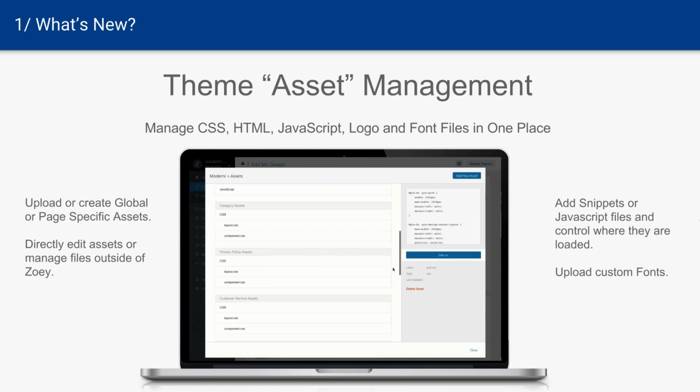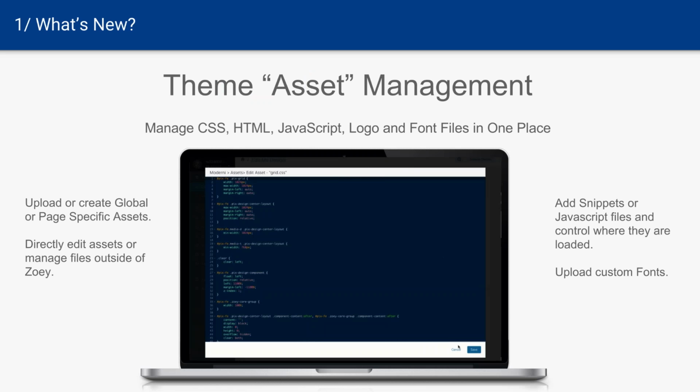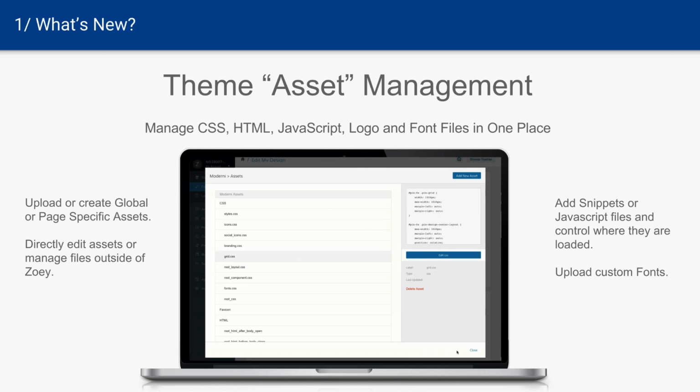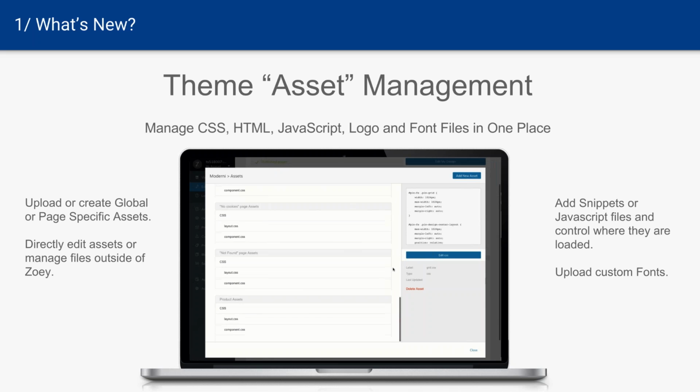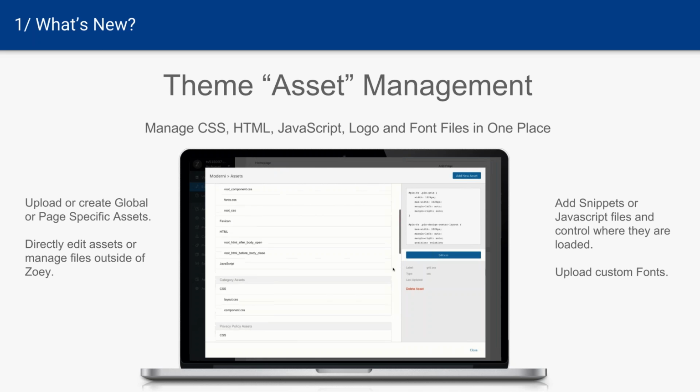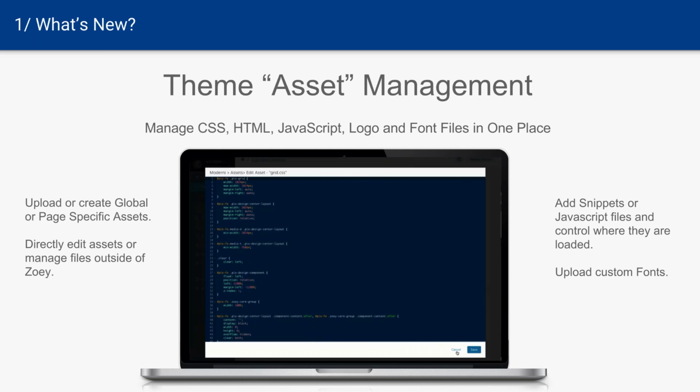And for those users who are skilled with some development abilities, this new feature will definitely appeal to you. We call it the Asset Manager. Currently, you can only add HTML, CSS, and JavaScript globally to every page in your theme. With the new Asset Manager, you can now add page-specific assets like CSS or JavaScript snippets, and you can determine where it loads in the page source.